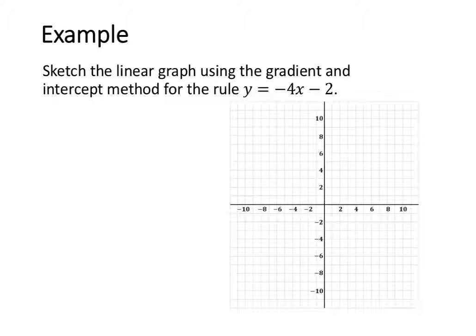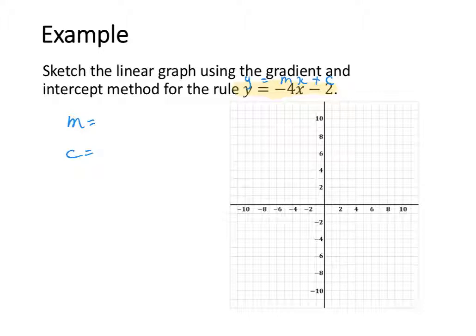In this example, we want to sketch the rule y equals negative 4x minus 2 using the gradient intercepts method. The first step is to determine what is the gradient and what is the y-intercept. I can do that using the rule in the question by applying my general rule for linear lines of y equals mx plus c.